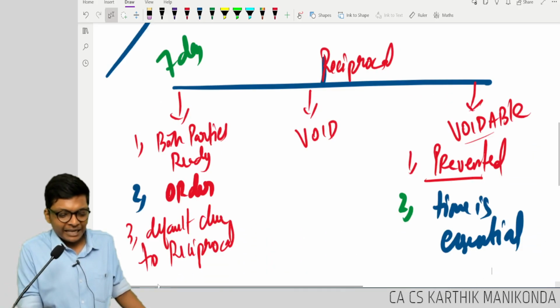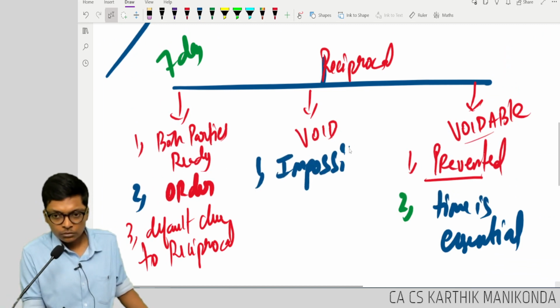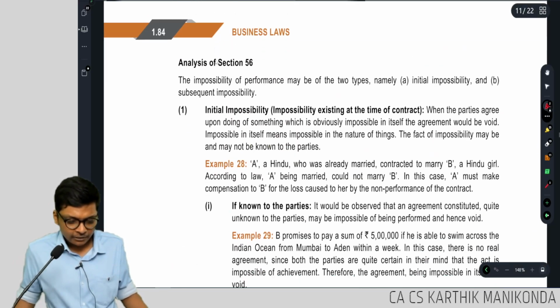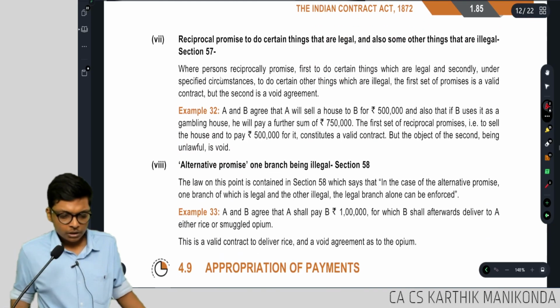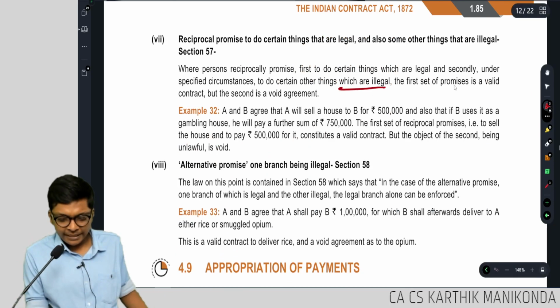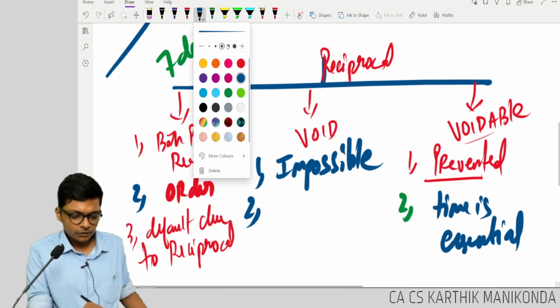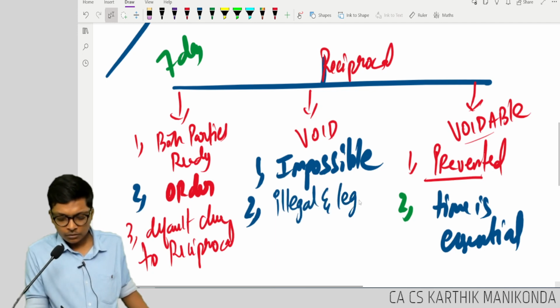Agreement to do impossible acts is void. And then next one. The impossibility is done. Certain things legal, certain things illegal. The illegal things will be void and the legal things will be valid. So here, illegal and legal.